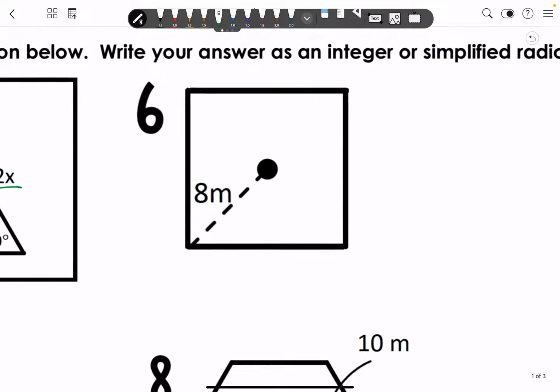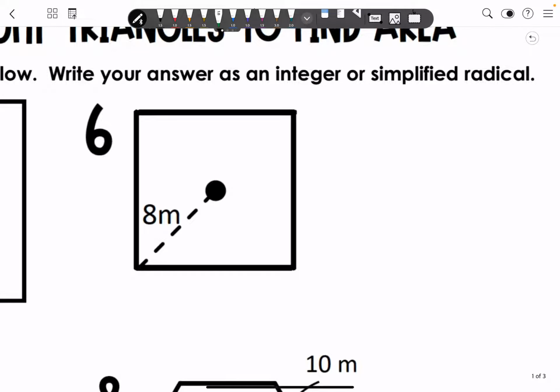So we're going to do number 6 first. Number 6, we're working with a square because it's a regular polygon. So we know that it's going to be equilateral and equiangular, sorry. So this is 8 right here.